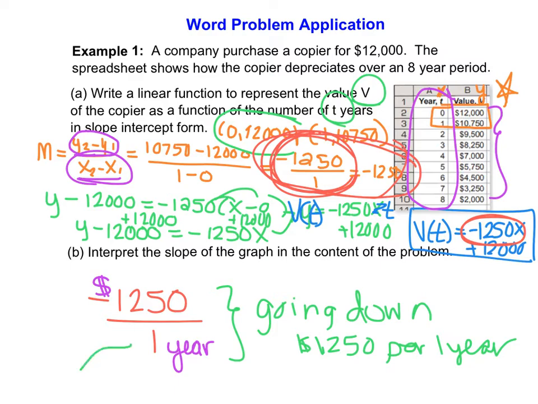So use the fraction here to help you and use the units that you see in order to be able to interpret what that slope is actually trying to communicate to you.